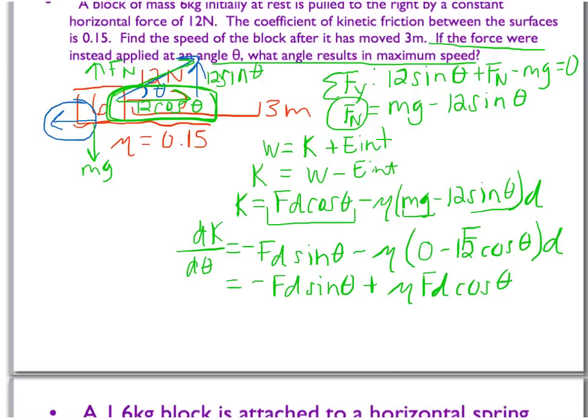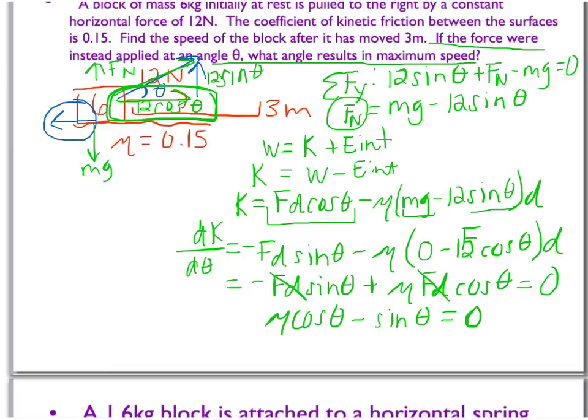And when we take this derivative and wanting to maximize this, we want to take the derivative and set it equal to 0. So ultimately, as we look at this equation, we could cancel out the F d's or divide by that on both sides, essentially leaving us with this mu cosine of theta minus a sine of theta that's going to be set equal to 0.